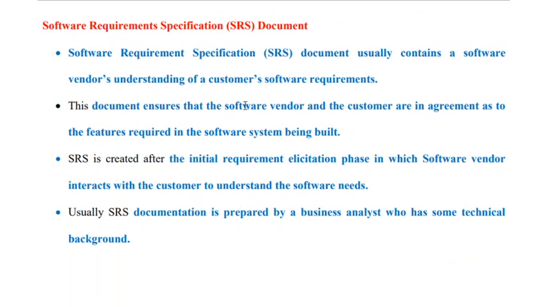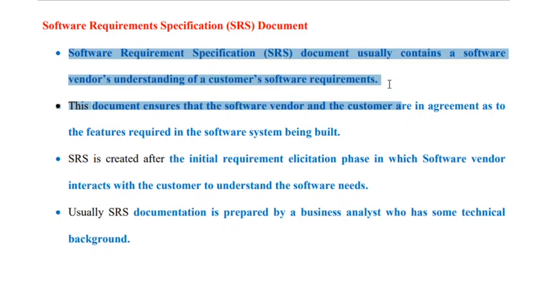Now, the software requirement specification document is called the SRS document. It is a name given to the document that specifies various functional and non-functional requirements. It usually contains the software vendor's understanding of the customer's software requirements, so it lists all possible requirements that the customer wants from the software system.